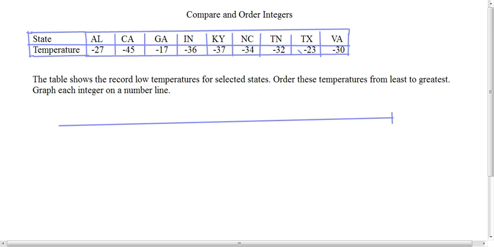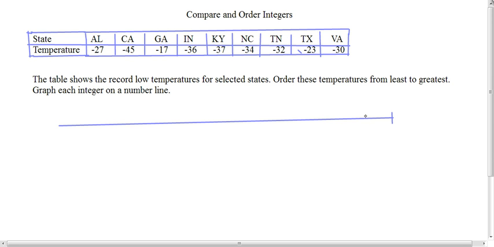I think we could do so by twos. So we'll start with 0, and then we'll just go by 2, but we're not going to start at 2. Let's start at negative 16.